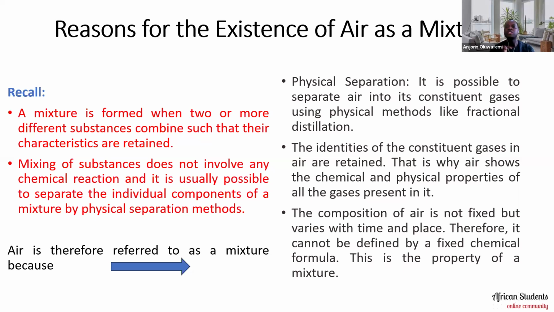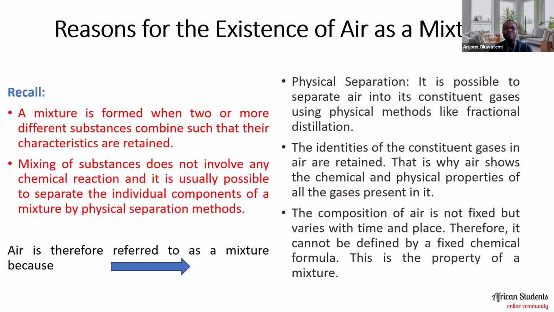Number two reason is because the identities of the constituent gases in air are retained. From our definition of mixtures, we say two or more substances come together, but they retain their properties. The same holds true for air: the constituents that make up air retain their properties.